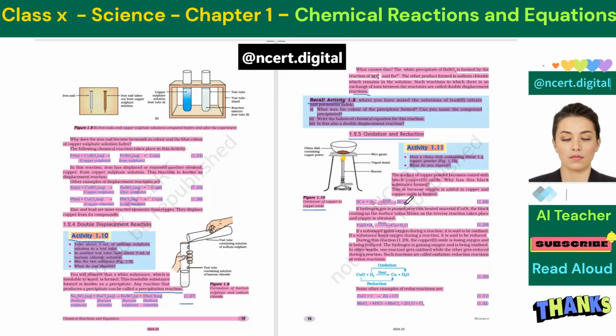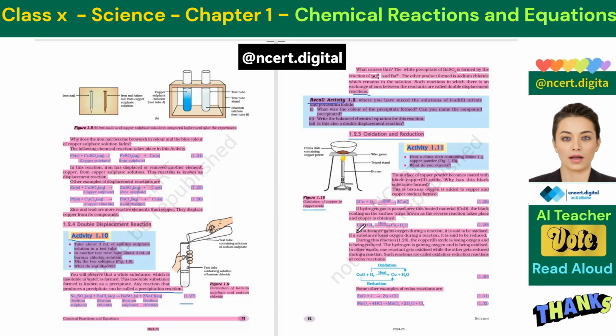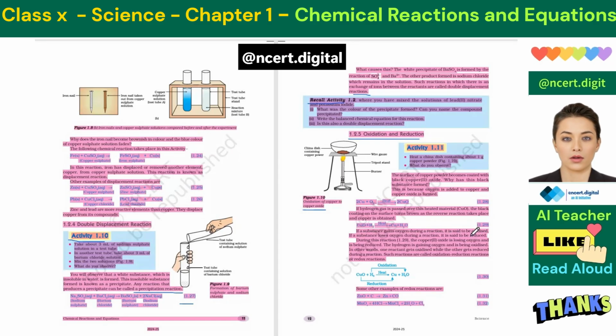2Cu + O2 → 2CuO (1.28). If hydrogen gas is passed over this heated material, CuO, the black coating on the surface turns brown as the reverse reaction takes place and copper is obtained. CuO + H2 → Cu + H2O (1.29). If a substance gains oxygen during a reaction, it is said to be oxidized.